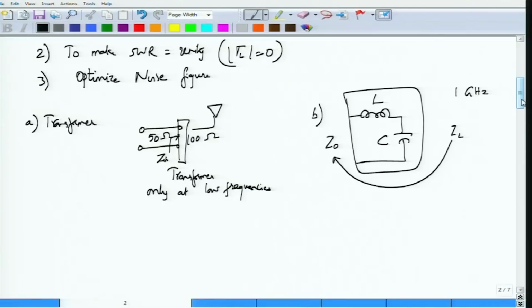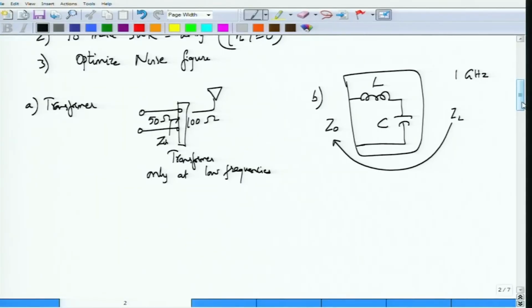So if you go beyond these frequencies, then lumped element matching networks are no longer the preferred choices, because you don't get an inductor to act like an inductor at high frequencies. An inductor actually acts like an RLC circuit. So this is how a typical inductor would look. Probably the resistors should come in parallel, but that doesn't really matter.